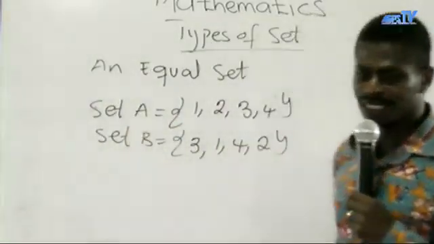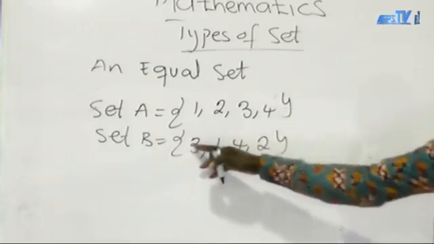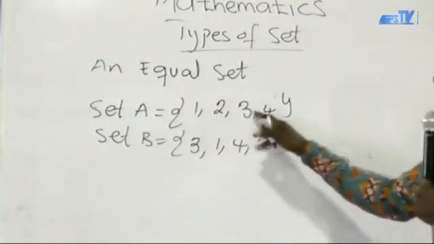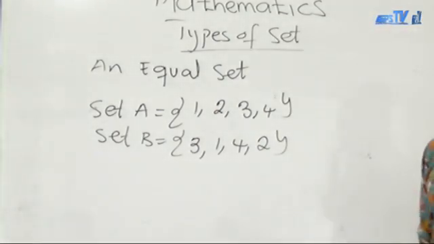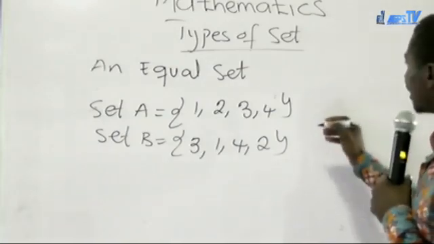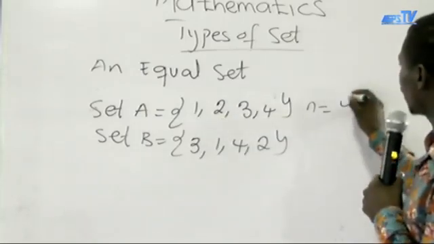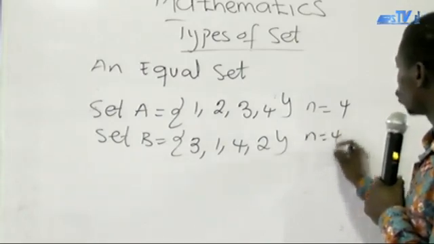Consider these two sets critically. You will identify that each set has got 4 members. So let us use n to represent the number of members. So we say that n for set A, the number of members, is 4. And then for set B, we also have n to be 4.